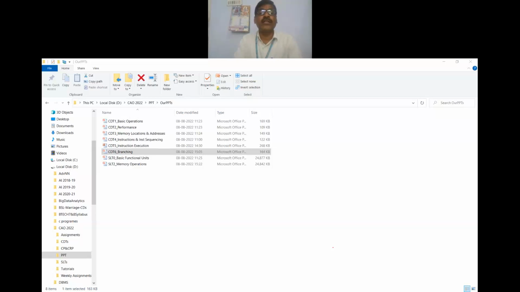Now coming to today's lecture level problem: you have to write the branching instructions to find the factorial of a given number. How do we find the factorial of a given number? Suppose you are given n equal to 5. You will multiply 5, 4, 3, 2 and 1, and display this result as 5 factorial.